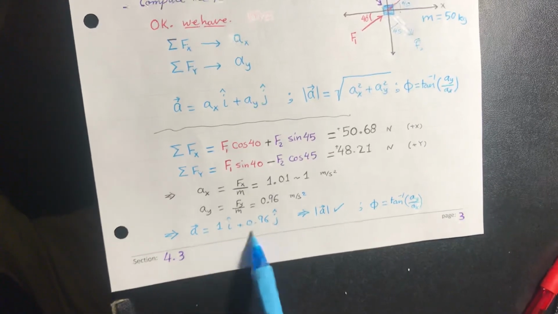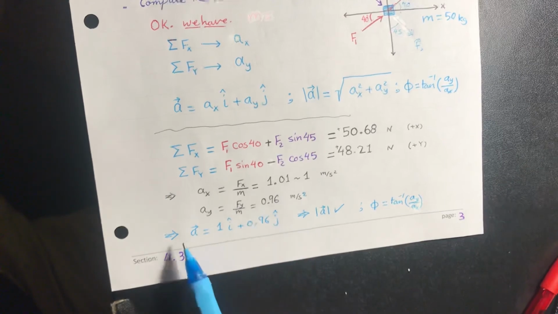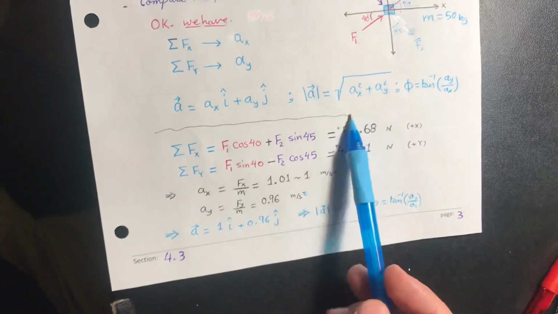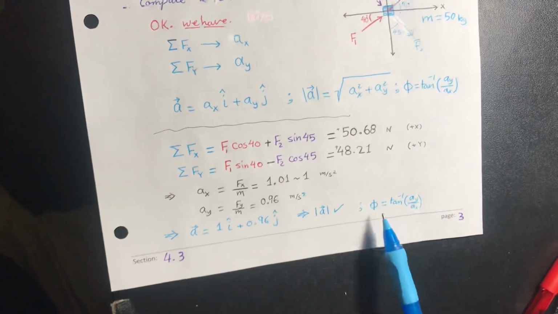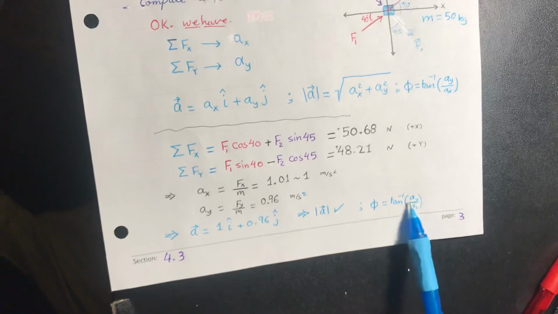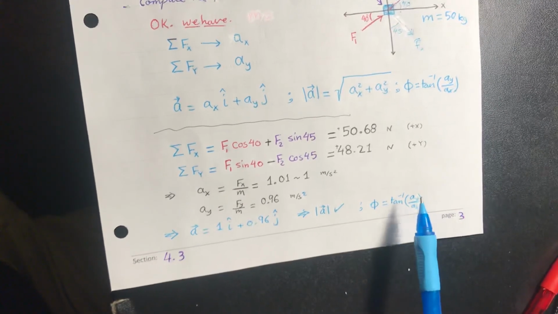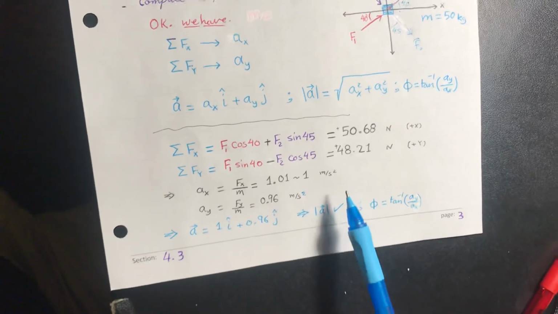This is the acceleration vector, which is 1 and 0.96. We can find the magnitude, which is the square root of ax squared plus ay squared, and we can find phi, which is the tan inverse of ay over ax. It will be approximately 45 degrees.